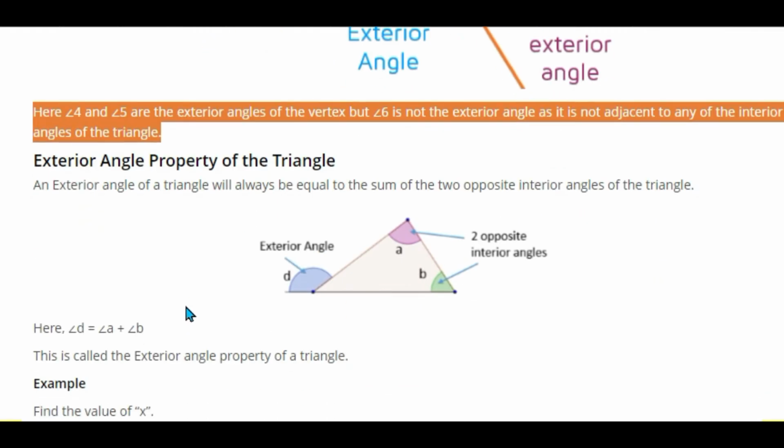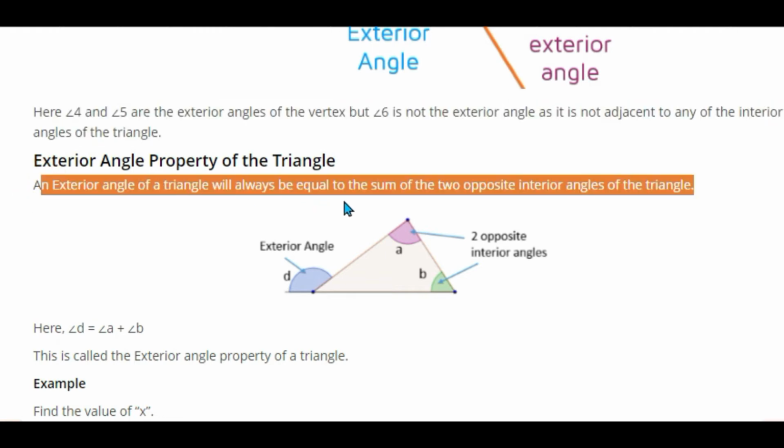Exterior angle property of a triangle, what is it? An exterior angle of a triangle will always be equal to the sum of the two opposite interior angles of the triangle. This you have to learn, you will face so many questions on this property.